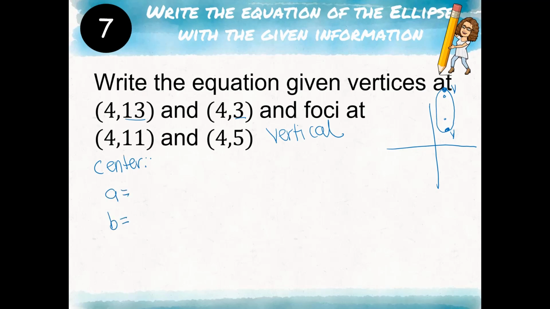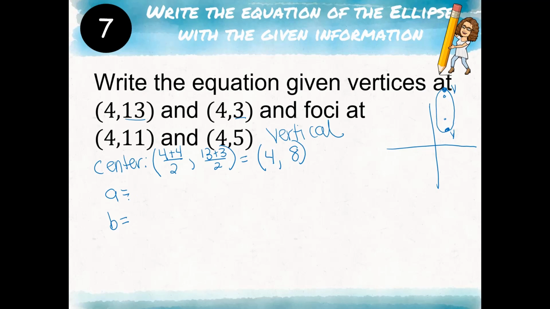My center, let's find it again. It is the midpoint formula again. 4 plus 4 divided by 2, 13 plus 3 divided by 2. That looks to be 4 comma 8 is what I'm seeing there, because 13 plus 3 is 16 divided by 2 is 8.